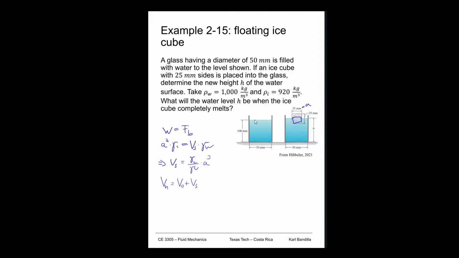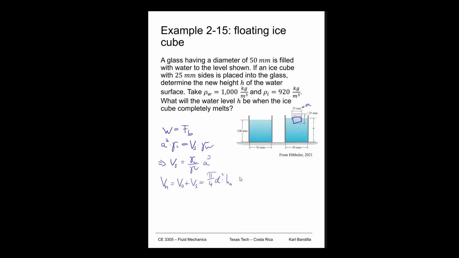Our original volume was at a height of 10 millimeters, but then we added our Vs. If we write some equations for that, V nu is going to be pi over 4 times d squared times the new height. That's what we're trying to find.